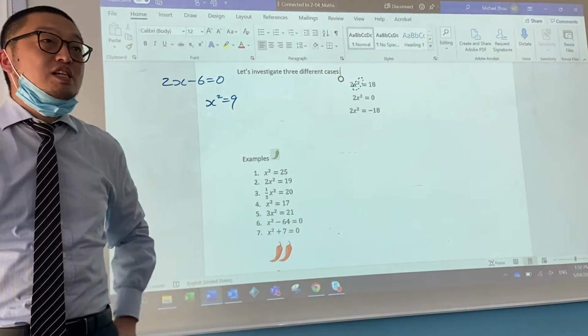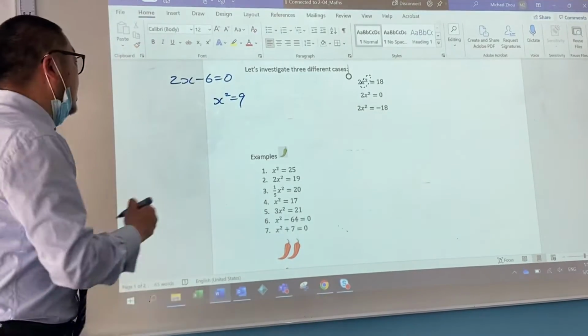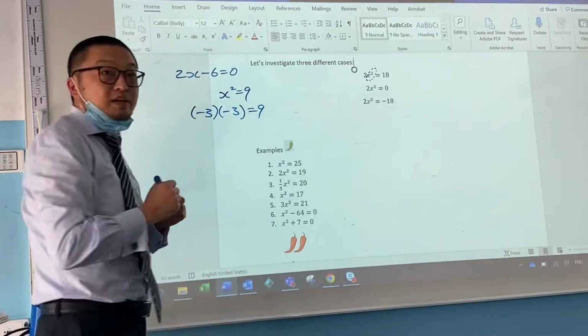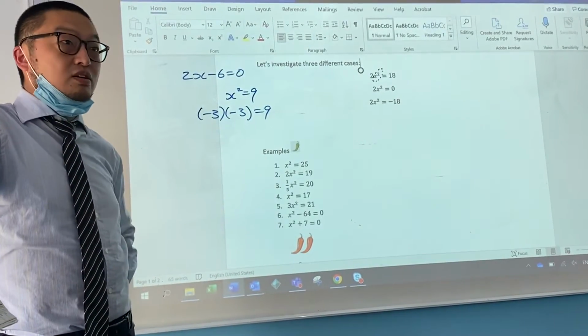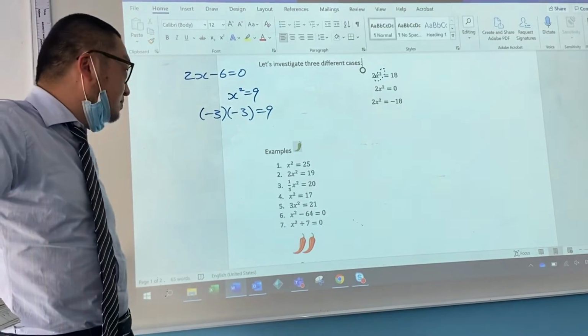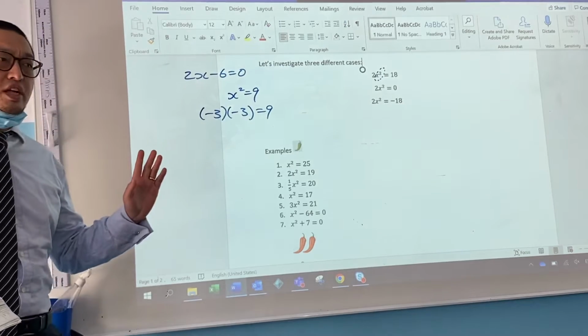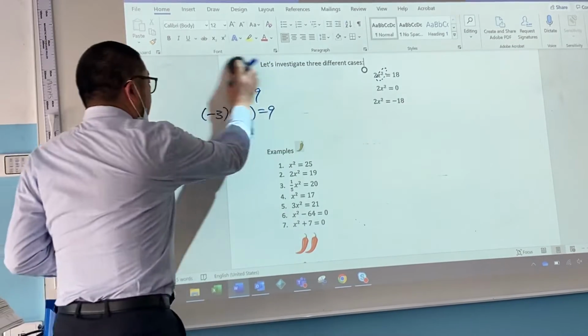We know from year 7 that negative times negative is positive, and we know that negative 3 times negative 3 will produce a 9. Very good. You guys understand so far? Let's have that picture in mind.